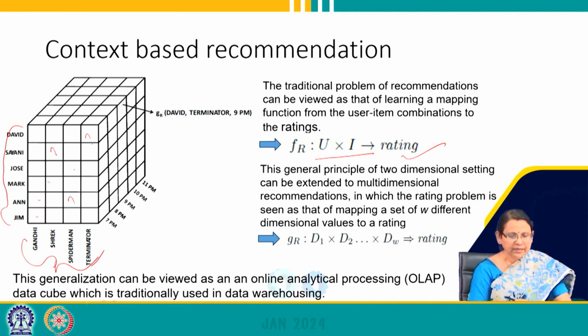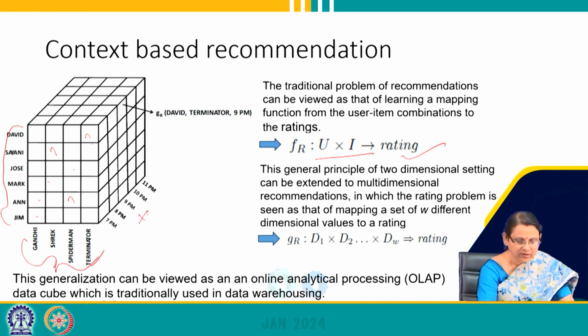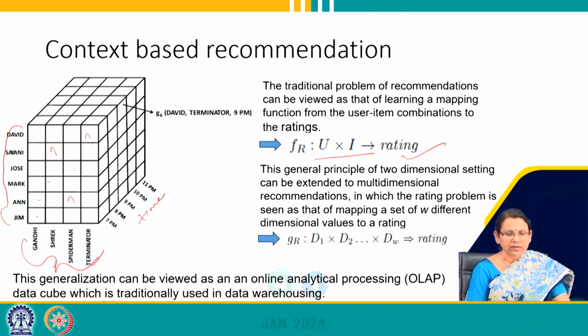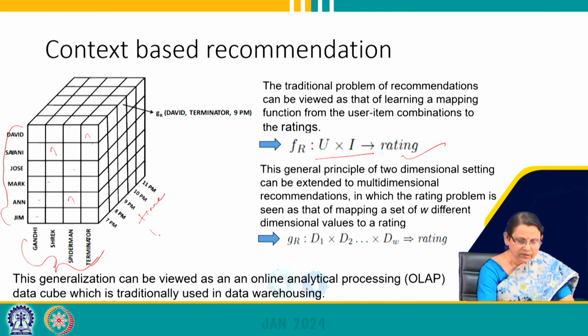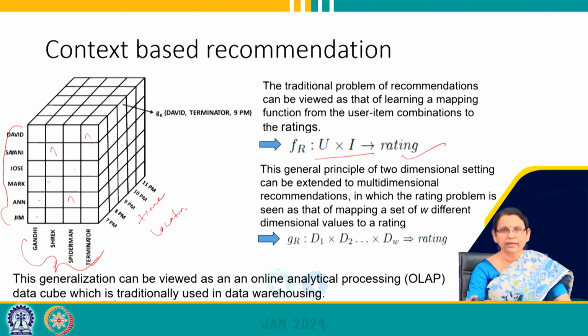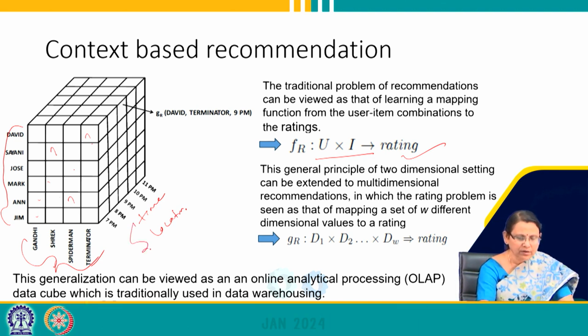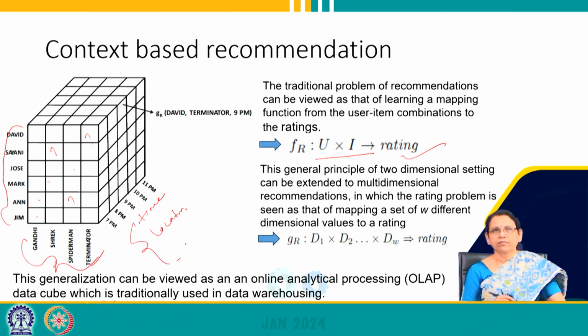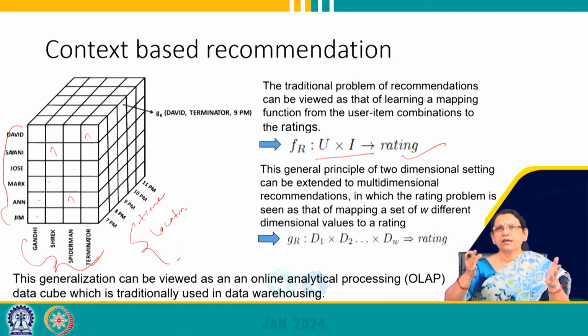But if we consider certain additional dimensions, like here it is time, you can also have location. We can see 3D, we can have a 4D situation where we also have location. We can have something else. So, you can have multiple such dimensions. From a flat matrix, we have now arrived at a tensor, a high dimensional matrix.